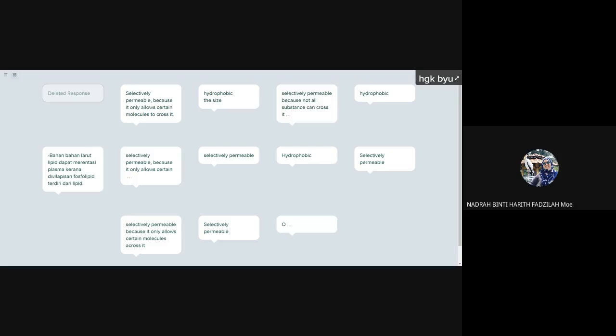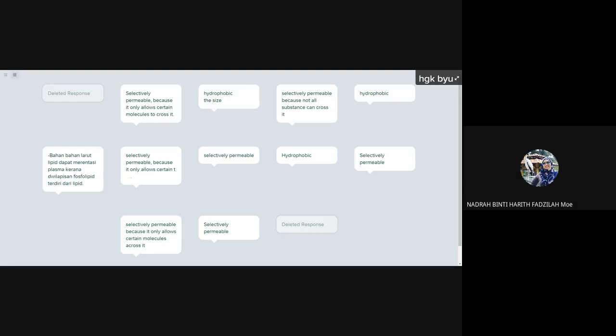Okay, so jawapan ni 2 markah, tapi daripada summary of your answer, I can see 3 points. Point number 1, the diagram shows that the plasma membrane is selectively permeable. Rajah menunjukkan plasma membrane mempunyai sifat ketelapan memilih. Point number 2, kita boleh ambil jawapan daripada Aish Naufal, iaitu because it only allows certain types of molecule to cross it.